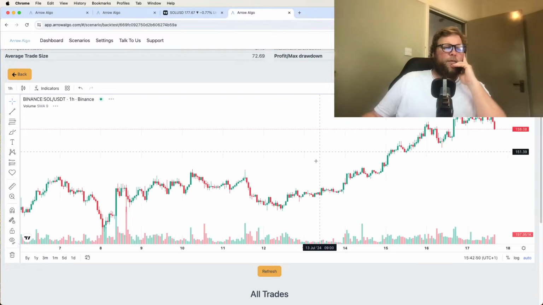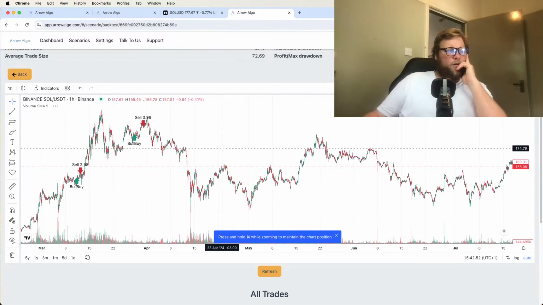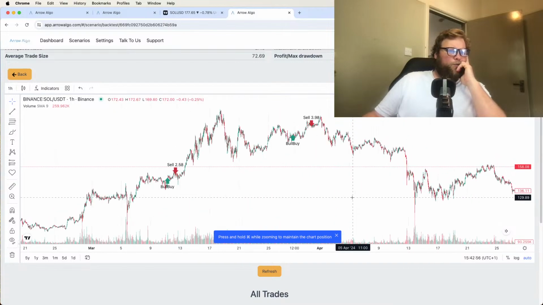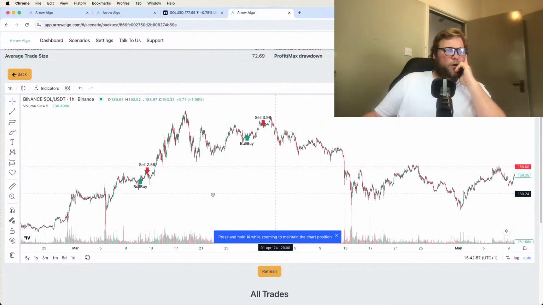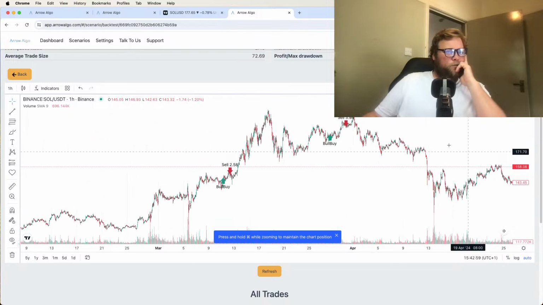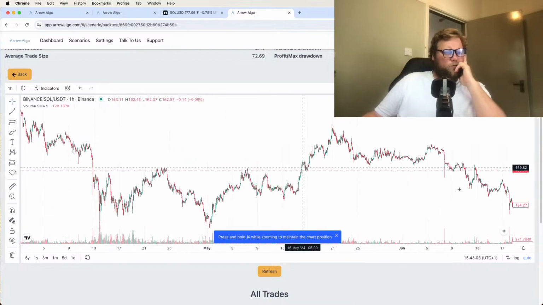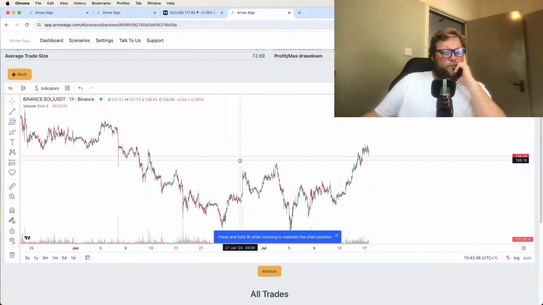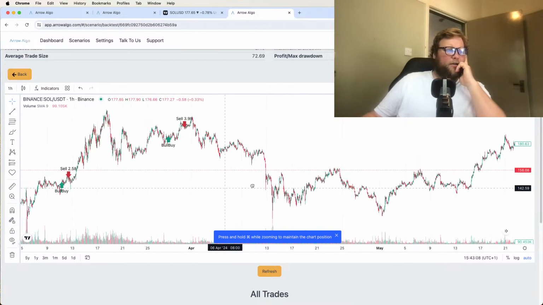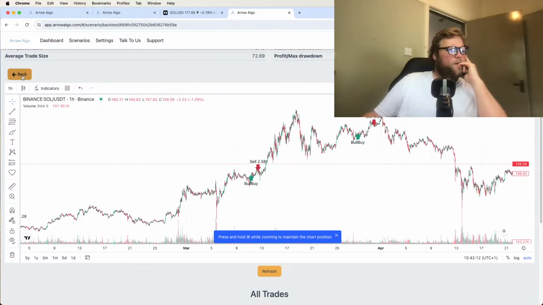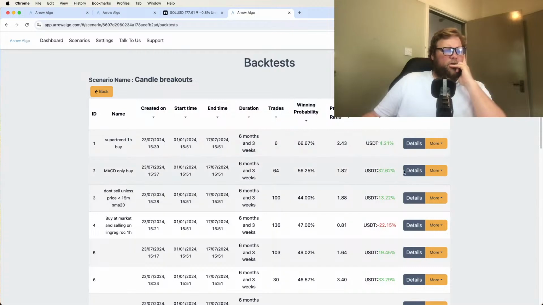So obviously by filtering out trades that only occurred when the hourly super trend was trending buy, we've actually cut out a lot of our buy orders. So the idea was to filter out bad signals, but we've obviously filtered out a lot of our good ones as well. So let's keep with the MACD for now.